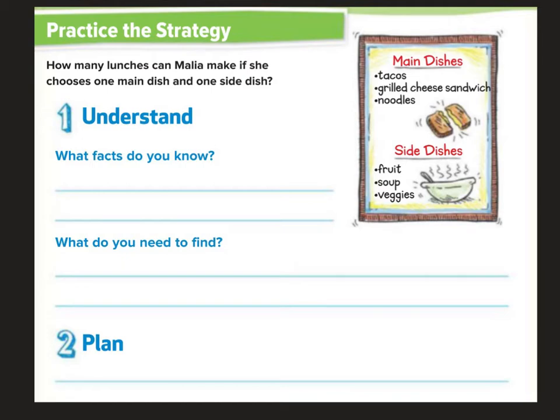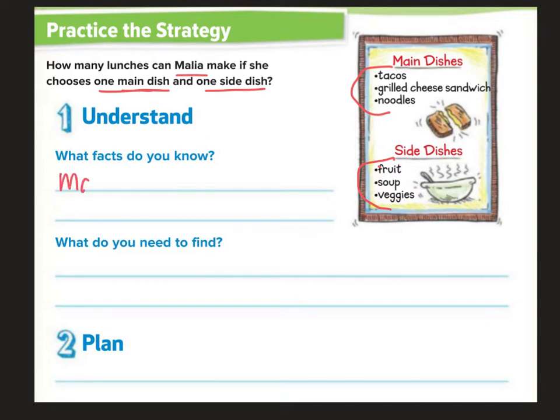So this question says, how many lunches can Malia make if she chooses one main dish and one side dish? So we've got 3 main dishes and 3 side dishes. So what facts do we know?